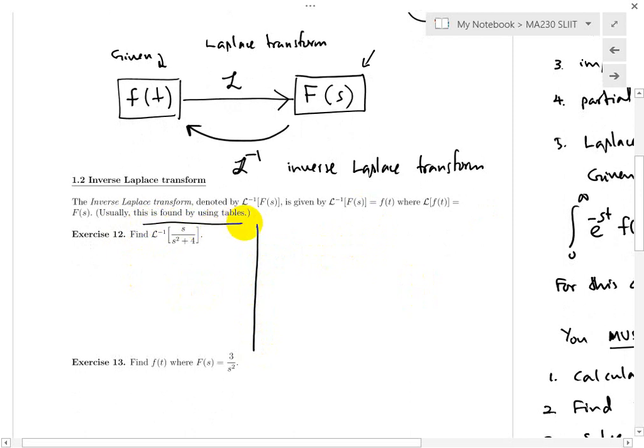We are not going to calculate it mathematically. I mean, there is some formula which is complicated, using complex analysis actually.